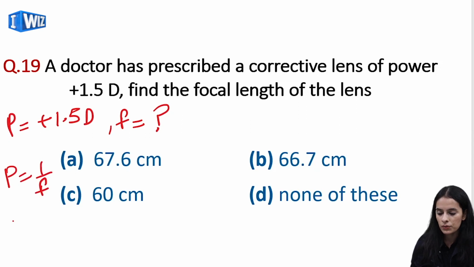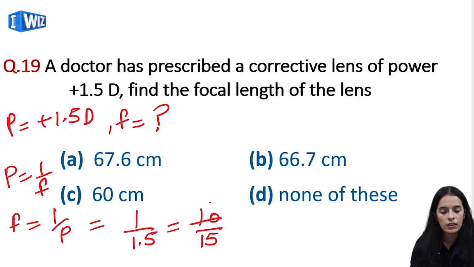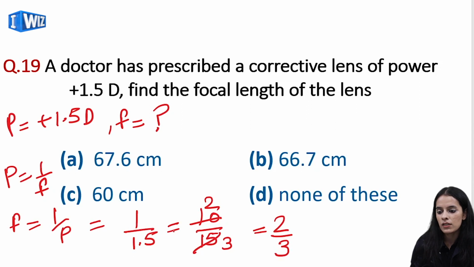So from here you have to find the focal length. That will become the inverse of power. Just put the power over here, 1.5. So this will become 10 by 15. You can cut it with the table of 5. 5 2s are 10, 5 3s are 15, so 2 by 3. So what's the value?